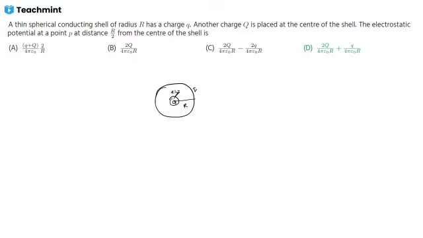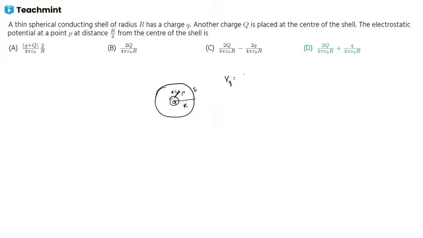Okay children, here at this particular point P there will be a potential because of two things: the charges that are accumulated on the surface of the shell, and the charge capital Q which is at the center, so one more potential will be there. Now let us find the potential due to the small q charge.